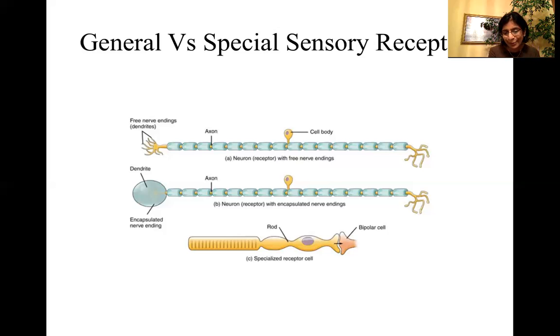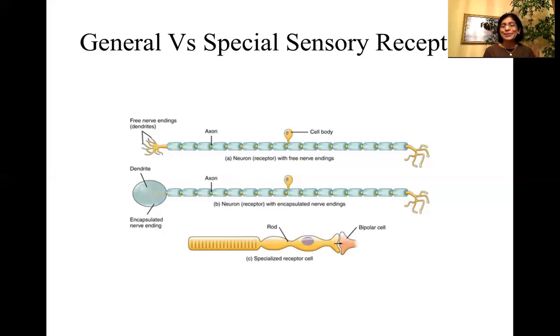General sensory receptors are found in more than one location. Special sensory receptors are limited to one main location, and then unipolar neuron in the general sensation versus bipolar neuron in a special sense.